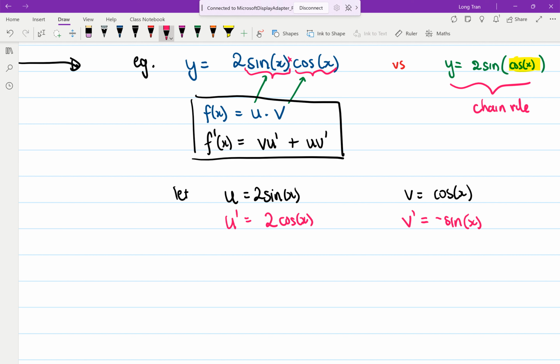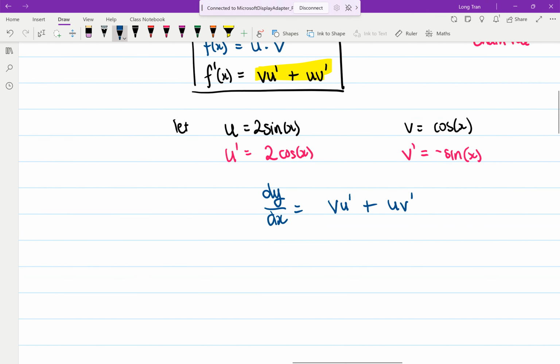So now that I've got my v dash and u dash, I'm going to apply my product rule. I'll put it all together: dy/dx, that's what I'm trying to find, should equal vu dash plus uv dash. I like to write it this way because vu dash just means I'm multiplying those two together.